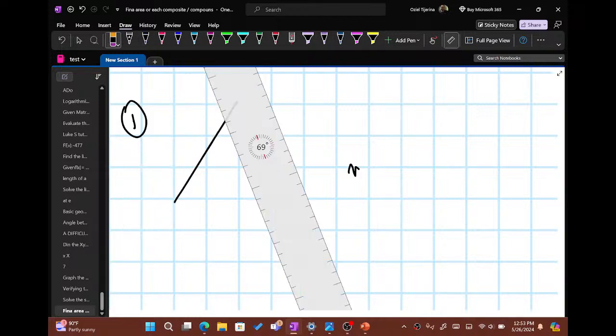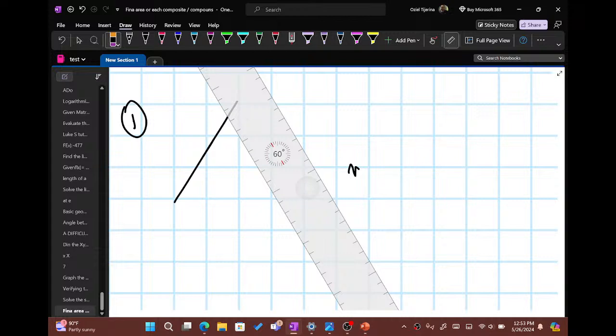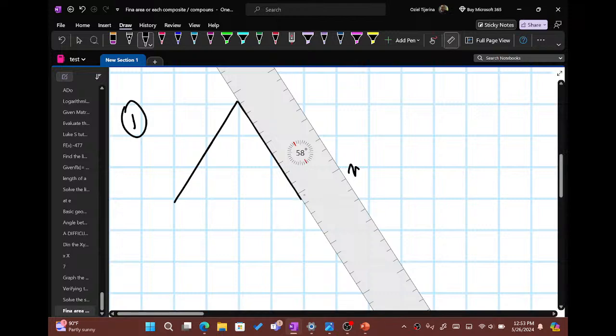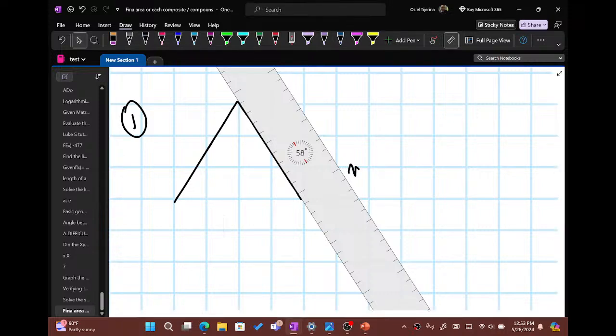It's not going to be drawn to scale, but the main thing is that we just make sure that it's, you know, as best as possible.